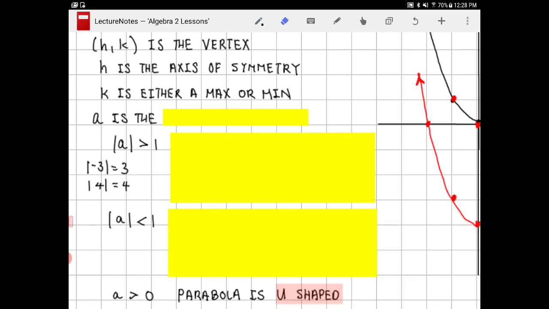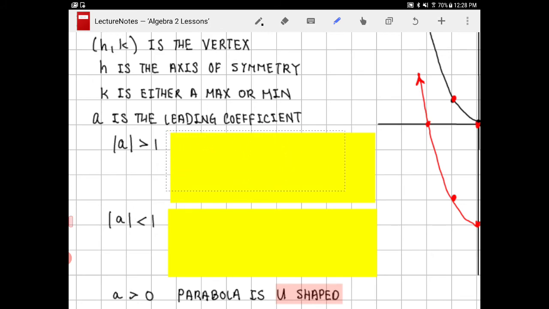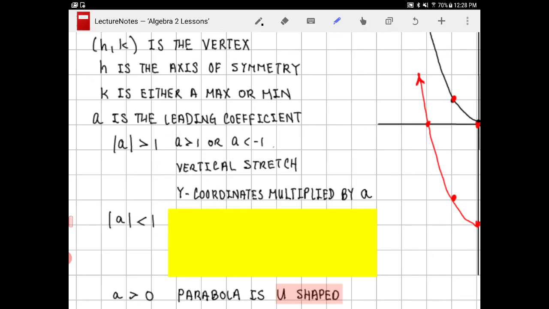Okay, so now with that understanding, what is meant by the absolute value of a is greater than 1? I'm sorry, I forgot to get rid of this. If a is the leading coefficient here, and the absolute value of a is greater than 1, that means a is greater than 1 or a is less than -1.